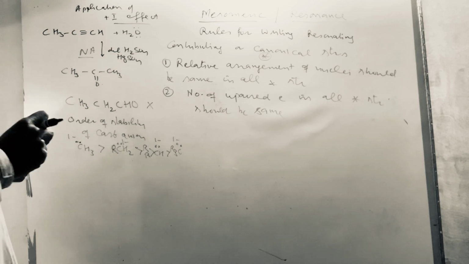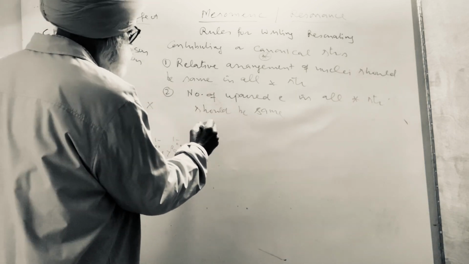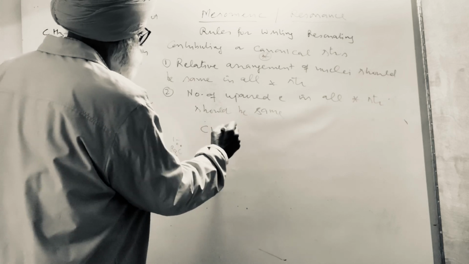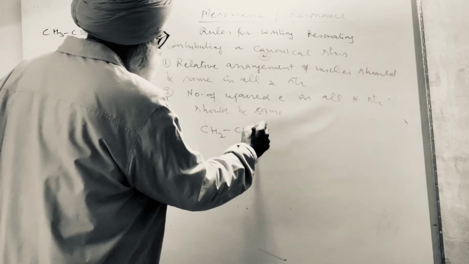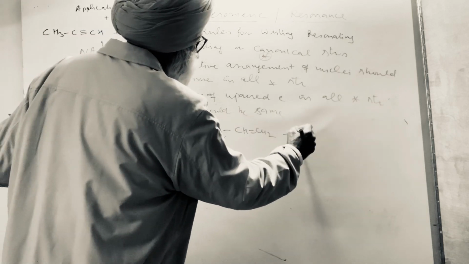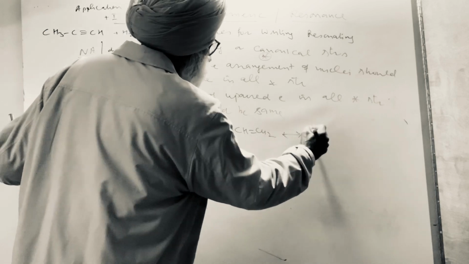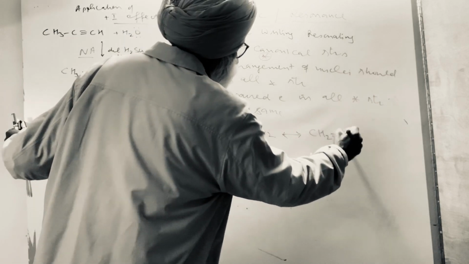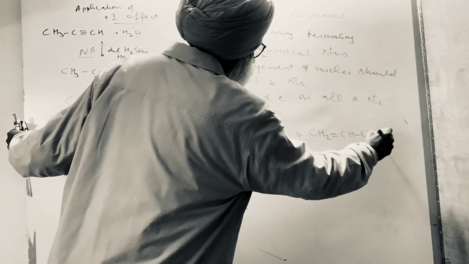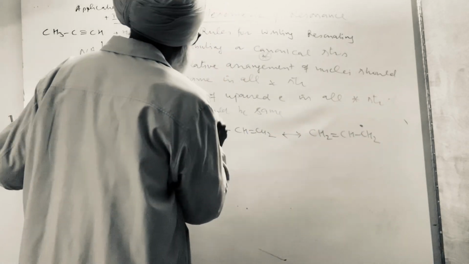For example, you are having this. So these two are resonating structures, the allylic free radical. Here the number of unpaired electrons in both structures is the same. The number of paired or unpaired electrons should always be the same.